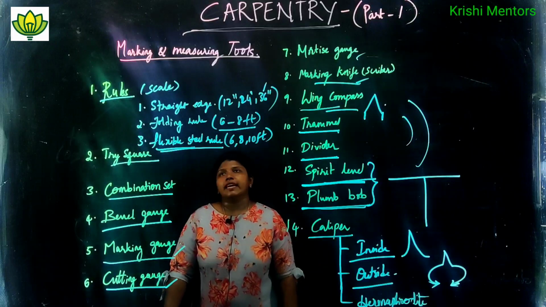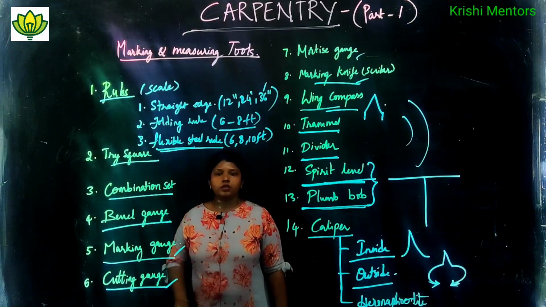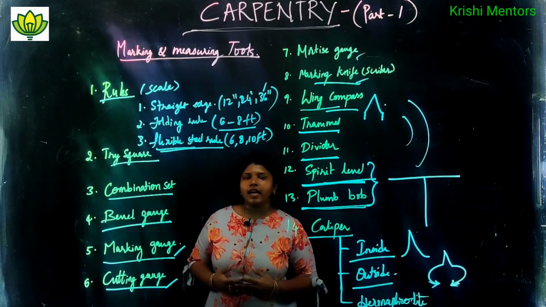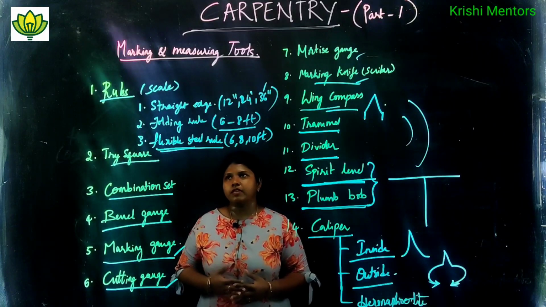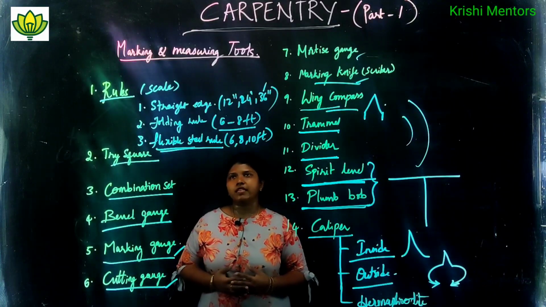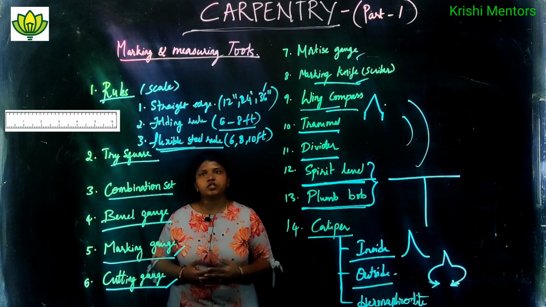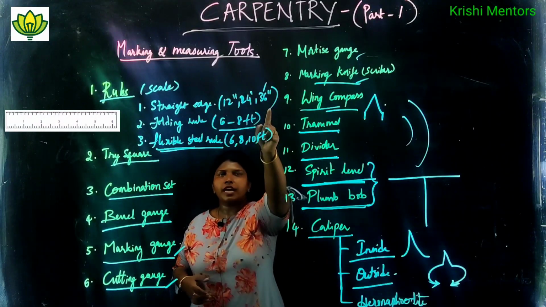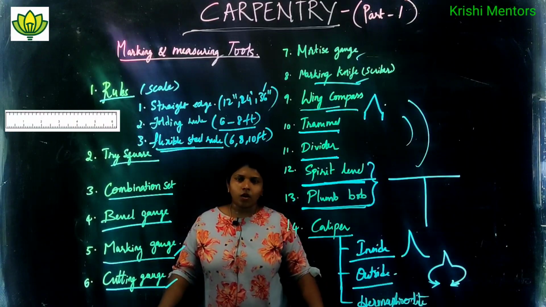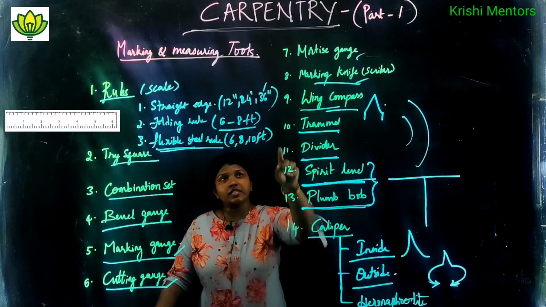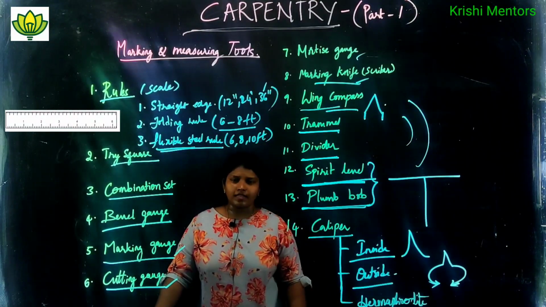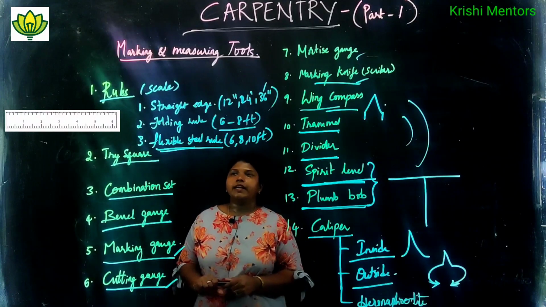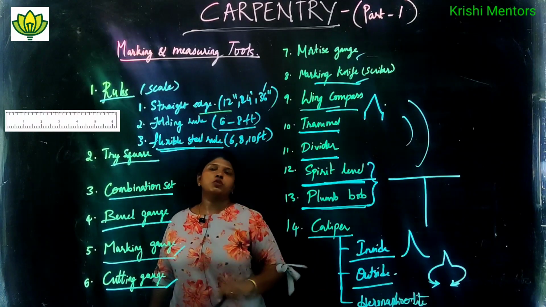Now a scale or a rule here in this case has multiple types in it. We have basically 3 types of scales which we use. First one is a straight edge, which is obtained in 12 inch, 24 inch and 36 inch dimensions. Okay, so a 36 inch scale is called a yardstick. Okay, and it's also called as a bench rule.